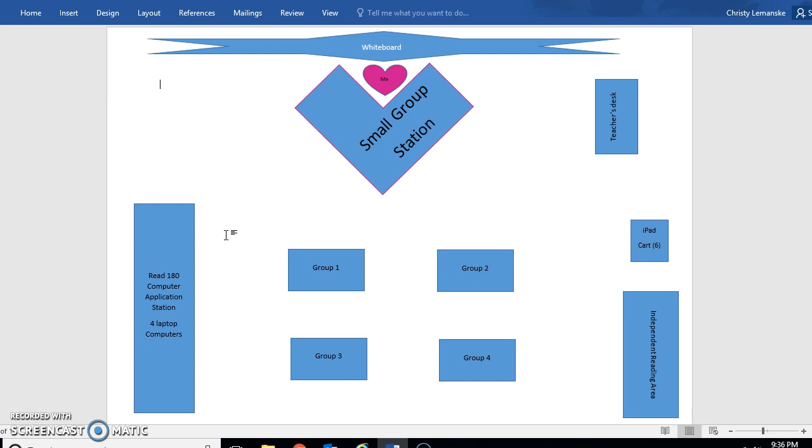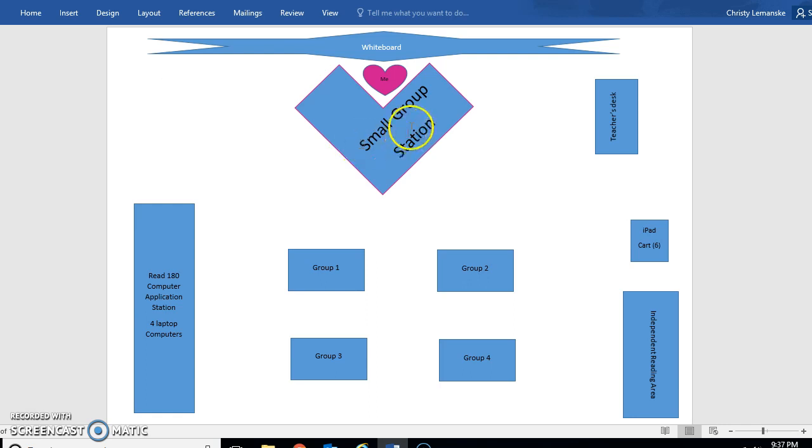Block day being whole group, computer, and small group, and then on Friday coming back to small group and computers.